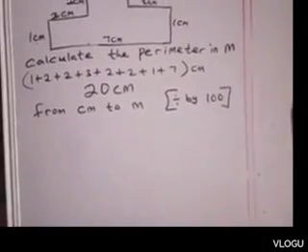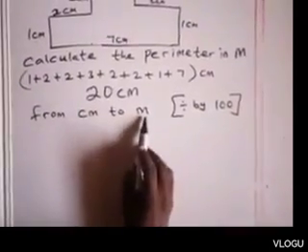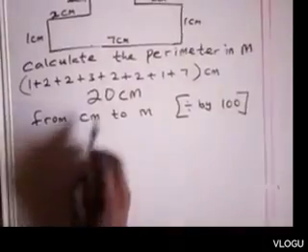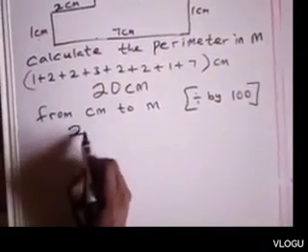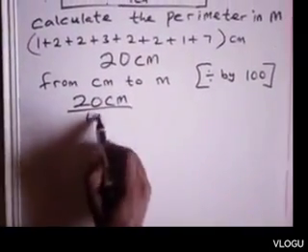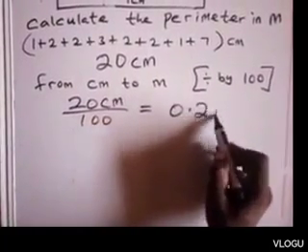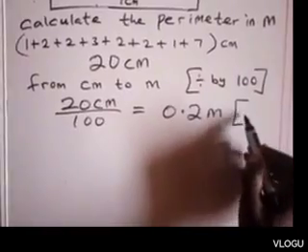So 1 meter equals 100 centimeter. So I'm moving from centimeter to meter, I will divide by 100. I'm having 20 here, that is 20 centimeter divided by 100. And that is 0.2 meters, which is option D.